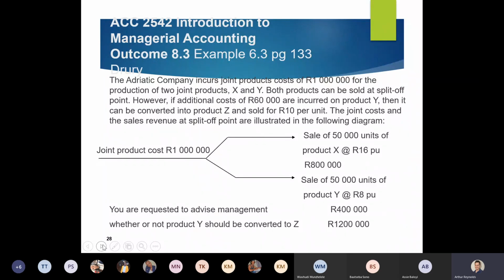The joint costs and the sales revenue split off point are illustrated in the following diagram. So we sell 50,000 of X at 16 Rand per unit, which is 800,000. 50,000 of Y at 8 Rand. You are requested to advise management whether or not Y should be converted to Z.